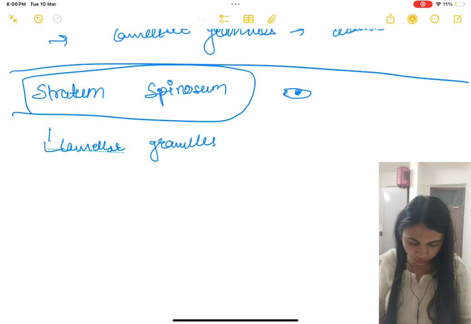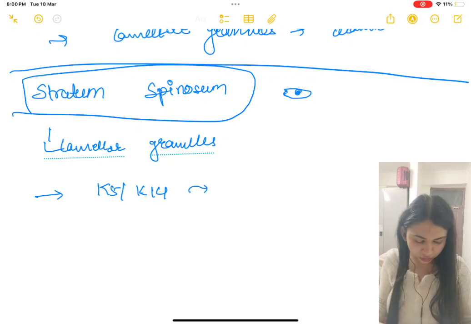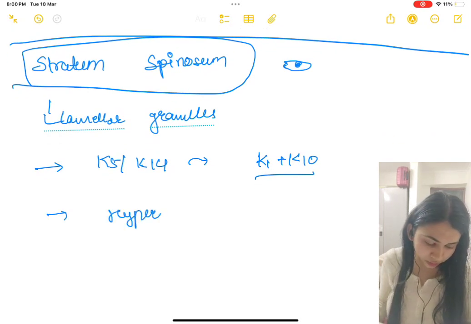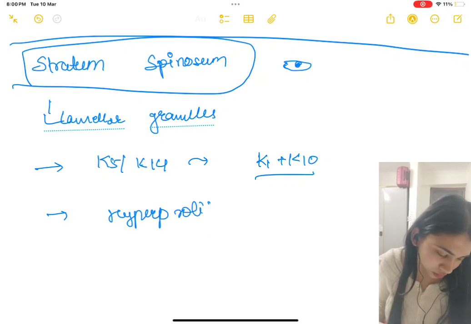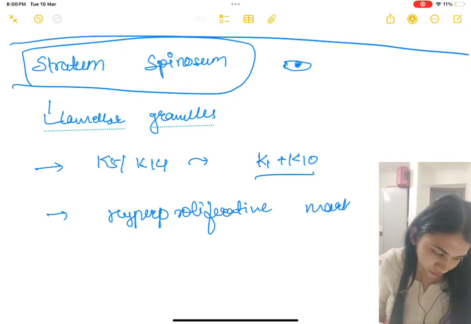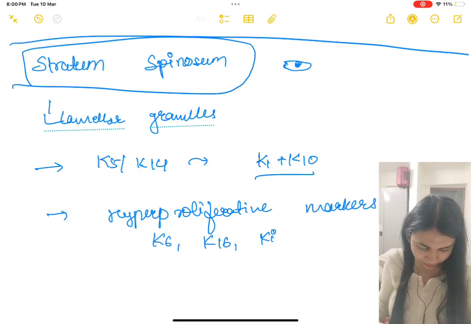Also in stratum spinosum, as we discussed earlier, the cells expressed K5 and K14, and as they become keratinized, they will express K1 plus K10. Also there are certain hyperproliferative markers: K6, K16 and Ki67.